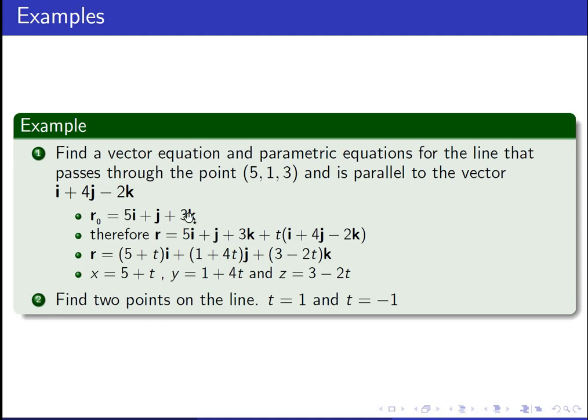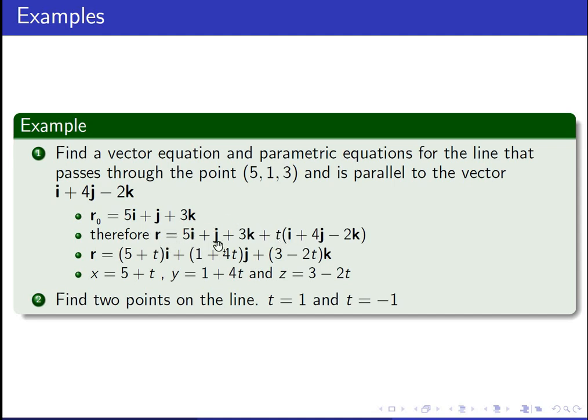So r0, if we write it in terms of i, j, and k, is 5i plus j plus 3k. And as you all know, the vector equation is given as r equals r0 plus tv, where v is the direction vector and t is the parameter.